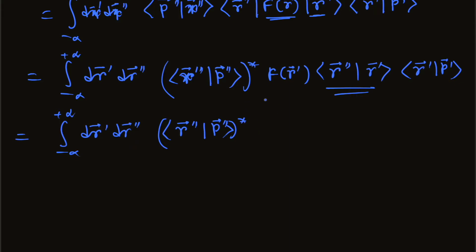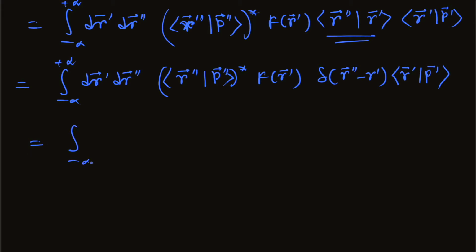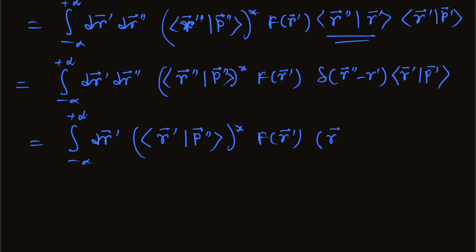Star means complex conjugate. This will be delta(r'' minus r'), which is actually the integral from minus infinity to plus infinity of d^3r' of psi_p''^*(r') psi_p'(r').